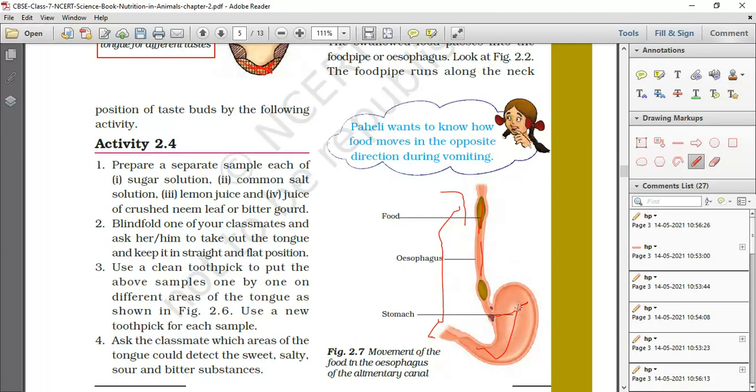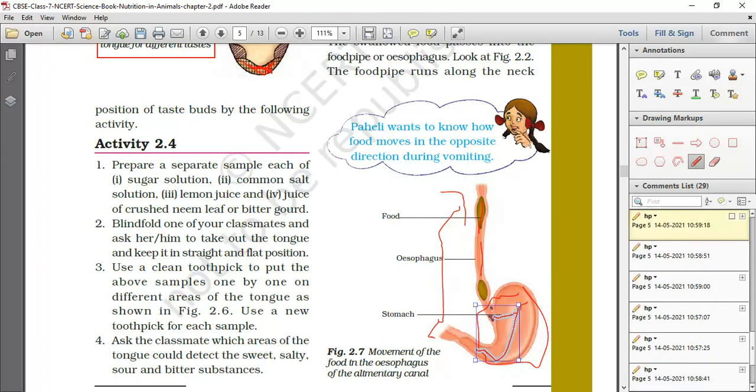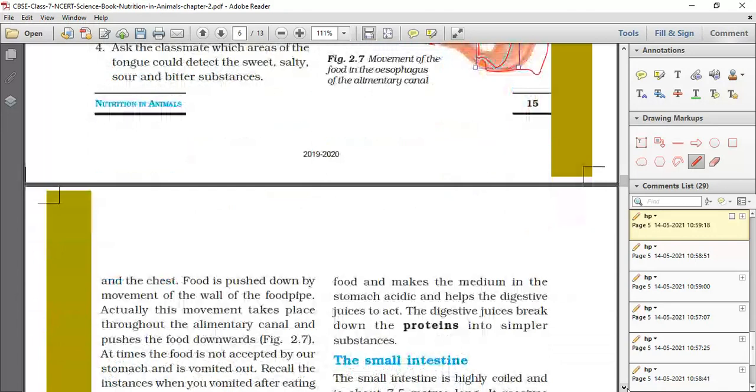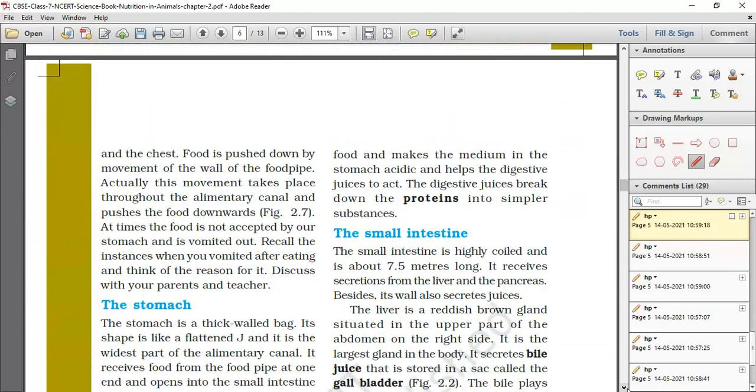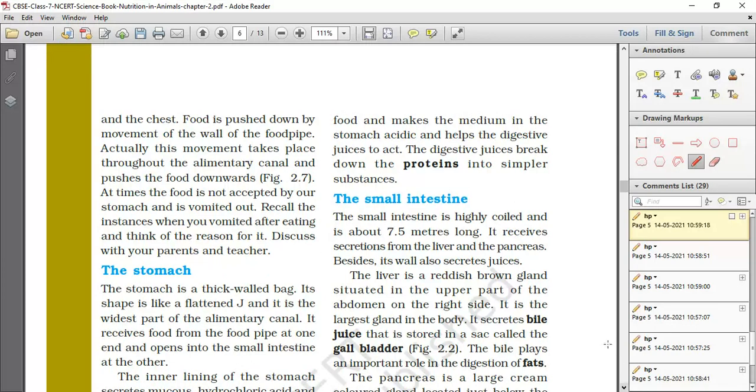The J-shape of the stomach is only when it is empty, as you can see. When it is full, if you eat more, the stomach expands from here to here, so it becomes more circular. So moving on. In the chest, the food is pushed down by the movement of the food pipe. Actually, this movement, called peristalsis, takes place throughout the alimentary canal.